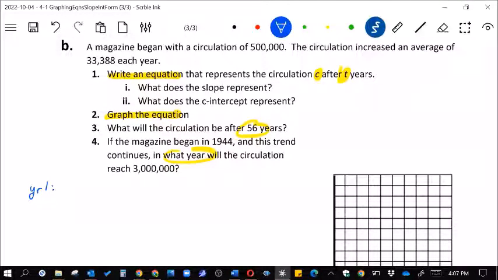Well, what I'm going to do, I'll do 500,000 plus an increase of 33,388. In year 2, we have the 500,000 plus, well, now it's 2 of these, so it's 33,388 times 2. And that means the first one was 1. So if I do the third one, it'll be the same thing, but with a 3 there.